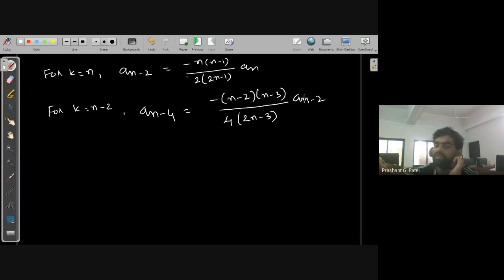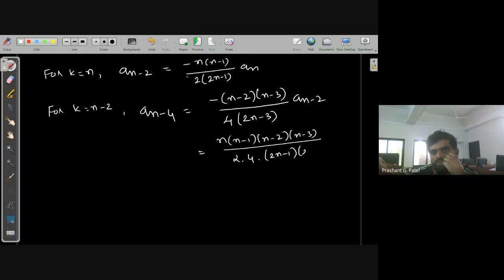But an minus 2 we have already calculated here. So we can write this as, minus minus becomes plus, n into n minus 1, n minus 2, n minus 3 upon 2 into 4 into 2n minus 1, 2n minus 3 into an.